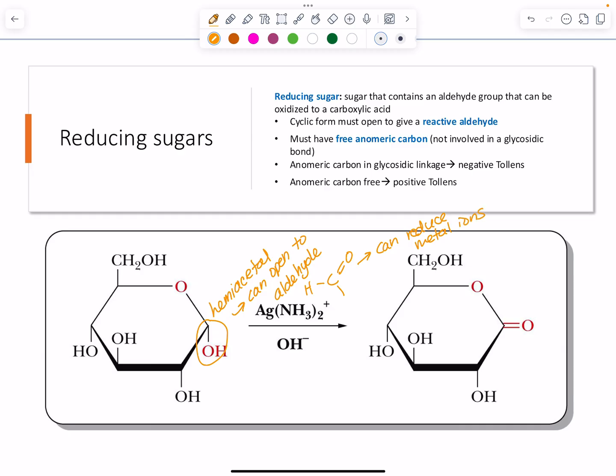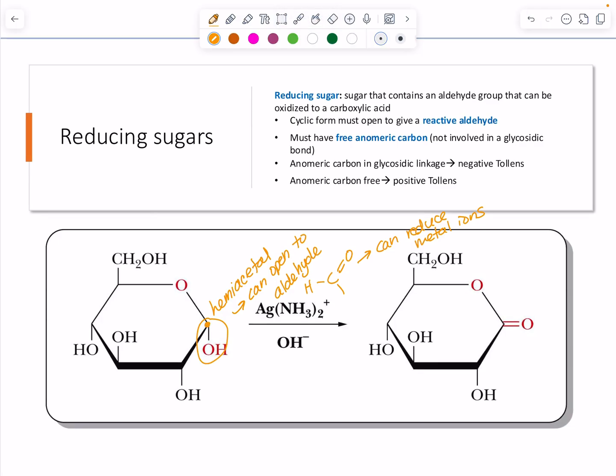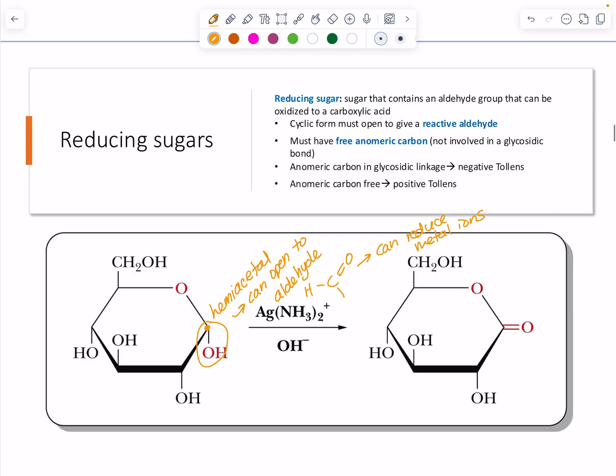The reason it can do that is because the aldehyde is readily oxidized to a carboxylic acid, and in the process it's going to donate electrons to reduce the metal ion. Again, this is only going to happen if your anomeric carbon is part of a hemiacetal. It's not going to happen if there's another bond to carbon here.